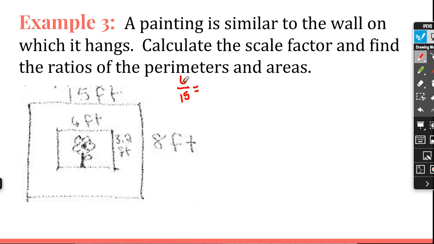And that will reduce to 2/5 whenever I divide by 3. And I could also use 3.2 to 8. And whenever I work out getting this decimal out of that first one, I would also get 2/5. So if it tells me they are similar, then the ratio of one side will work. So this ratio is the scale factor.